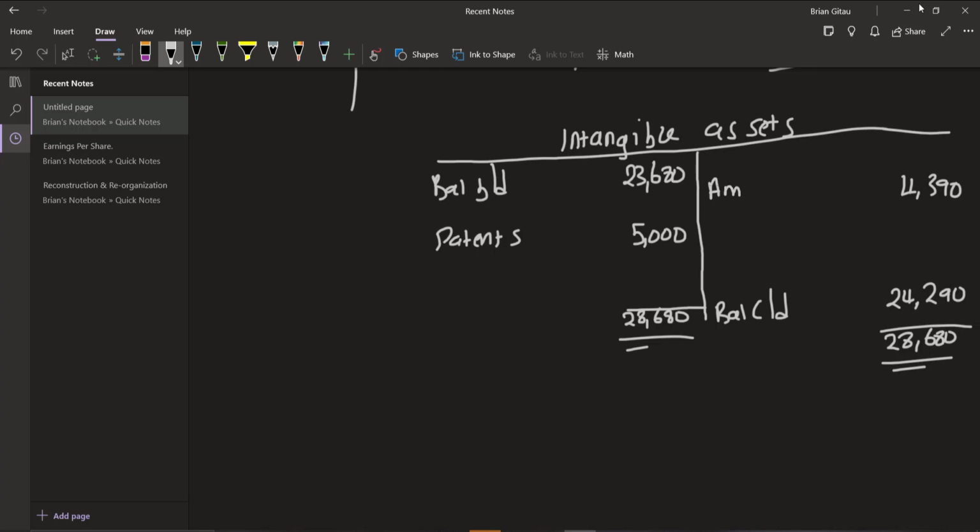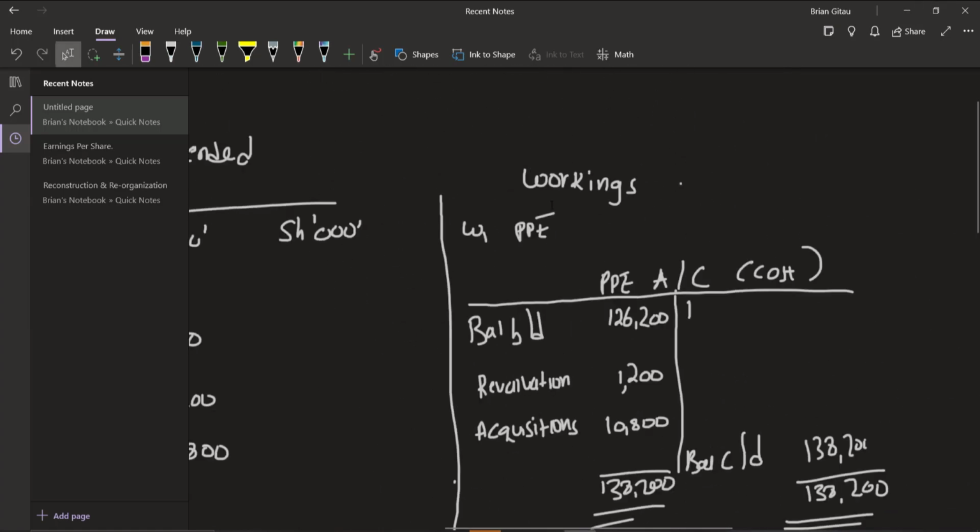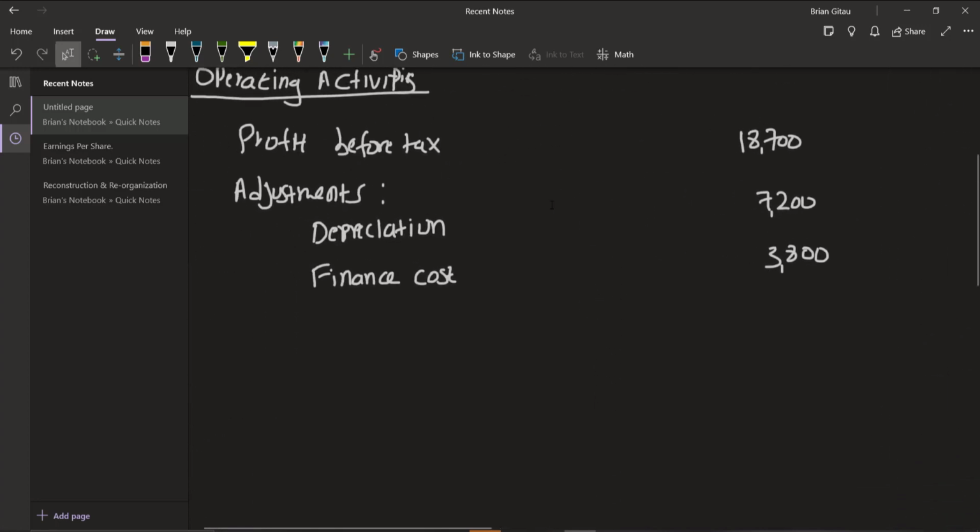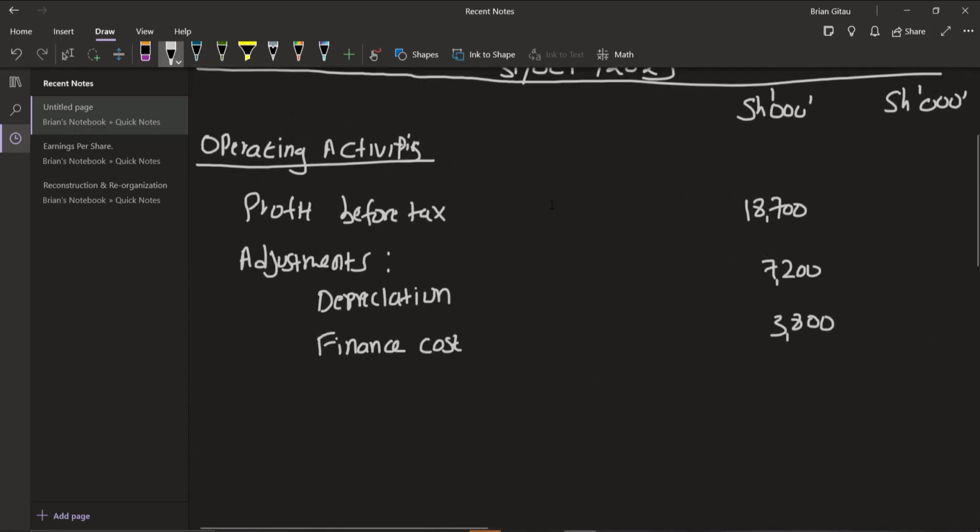That will now be our amortization. So let's record this in our cash flow statement. 4,390.